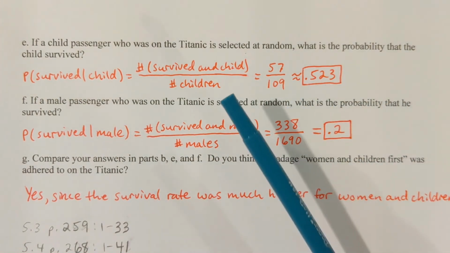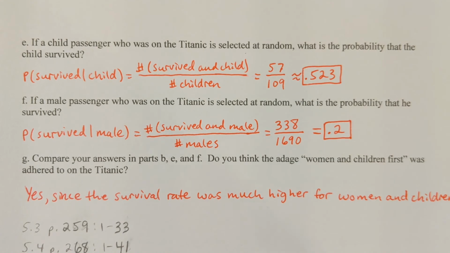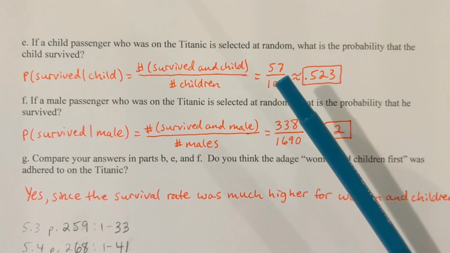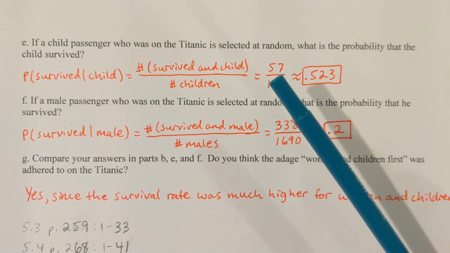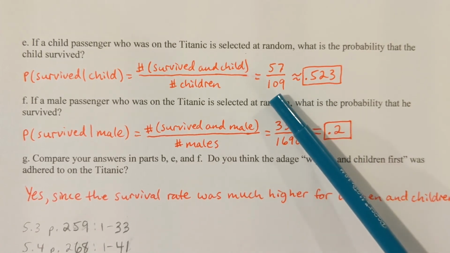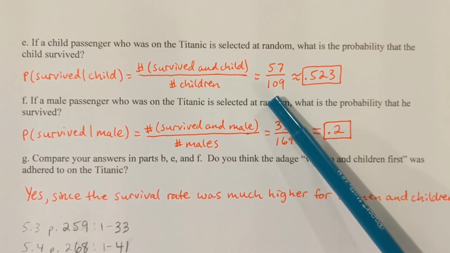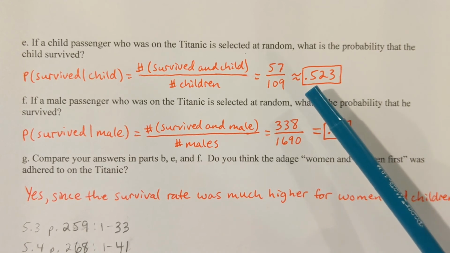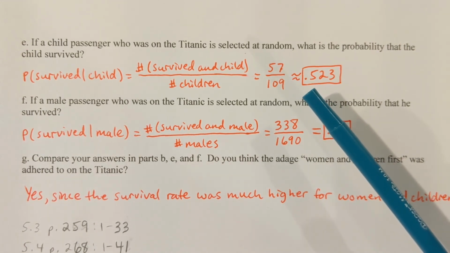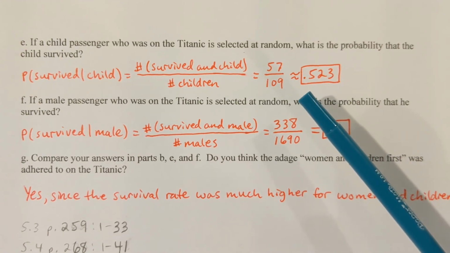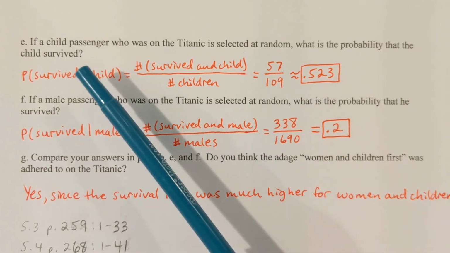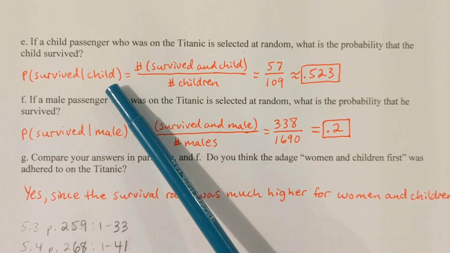This is a conditional probability rule, and if you match up the top row and the third column, 57 people were children and they survived. There were 109 children on the Titanic, and so when you divide, it looks like we get roughly about a 52.3% chance that the person survived if we know that the person was a child.